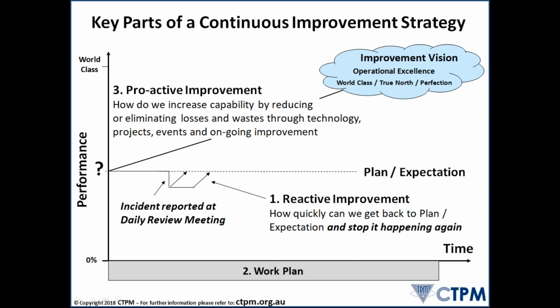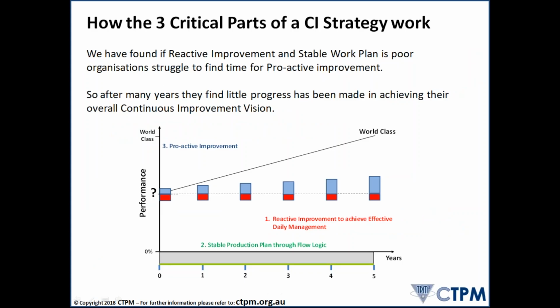This is the one that companies tend to jump on board of in the first instance. It's your big bang, it's your projects, it's your events. It's the one that gets the limelight on it. But what we found out from our last webinar is if you only focus on one of those areas and not all of them together, you will not ever reach that perfection, that world-class performance.